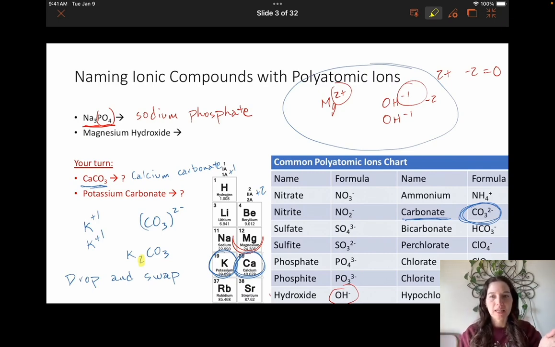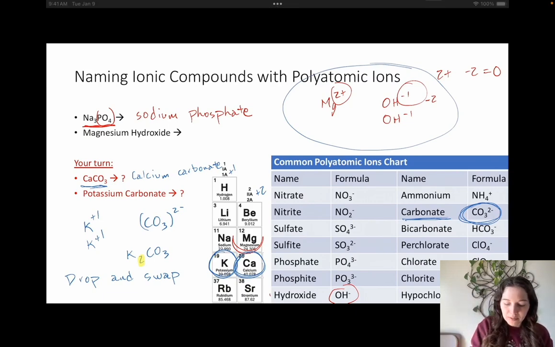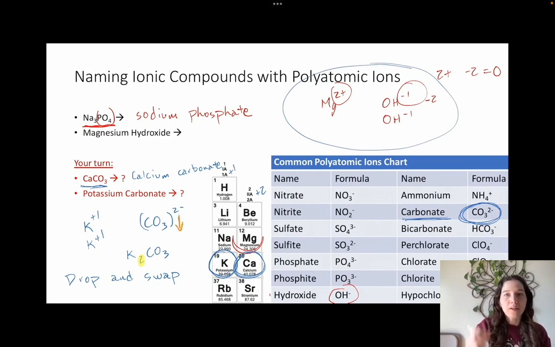The 2 is dictated by the 2 on the carbonate. And so what we say is that these numbers were dropped down from their charge and they swap over to the other ion.